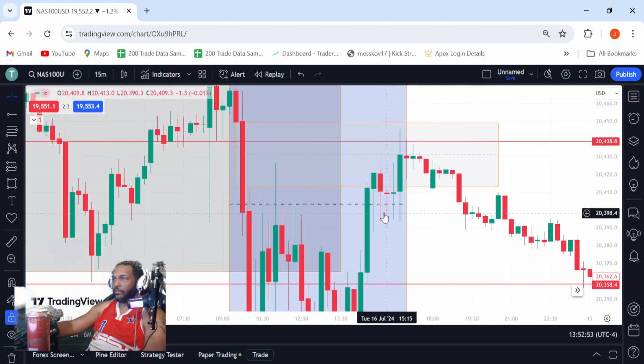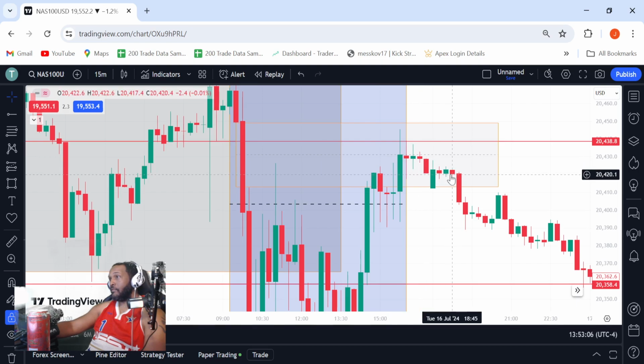However, this would be the mean threshold of the initial balance. You've got 1, 2, 3, 4, 5, 6, 7, 8, 9, 10, 11, 12, 13, 14, 15, 16, that would be 17.